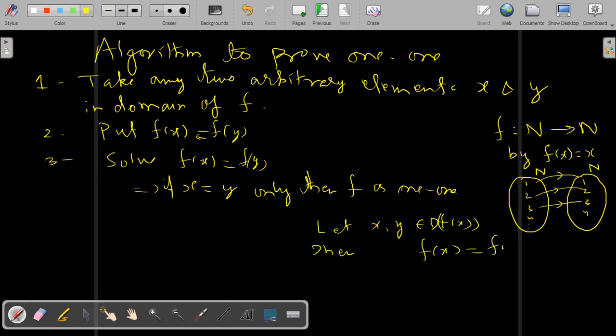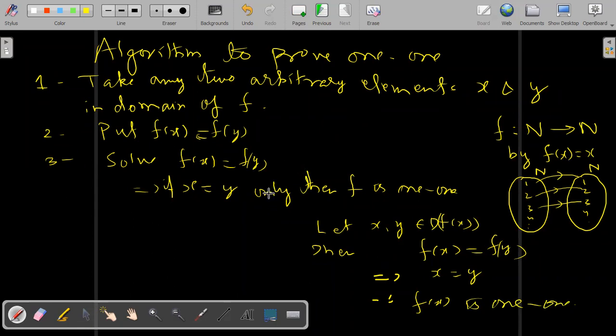What is the formula of f(x)? It can be x square, it can be sin x, any function. Here I'm taking a simple example, so x is equal to y. Therefore f is one-one. Like this we will prove one-one.